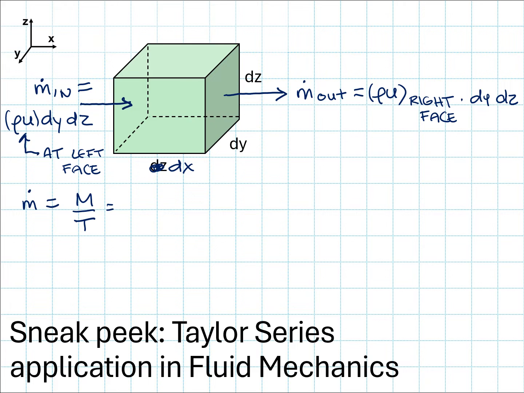Okay, so now my trouble becomes estimating what that mass flux is on the right and left face. Before I go on to that, let's back up. I think it can sometimes be confusing to understand how this rho u dy dz gives me a mass flux.